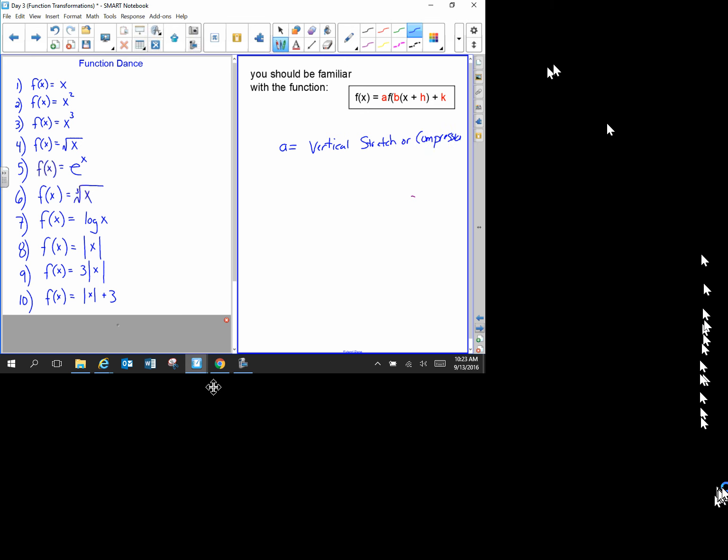Whenever I put this number out in front, this 3, that went out in front, it's a function that vertically takes a function and is going to stretch that function.